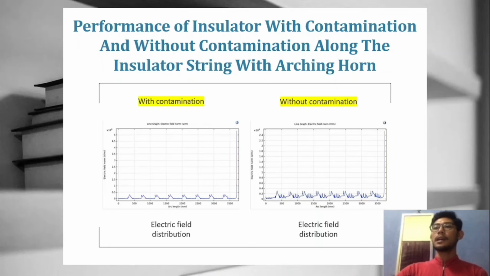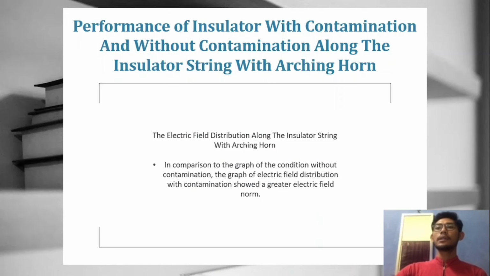Without contamination has a ripple in the line of the graph. There is a disturbance at that line. And in comparison to the graph of the condition without contamination, the graph of electric field distribution with contamination showed a greater electric field number.